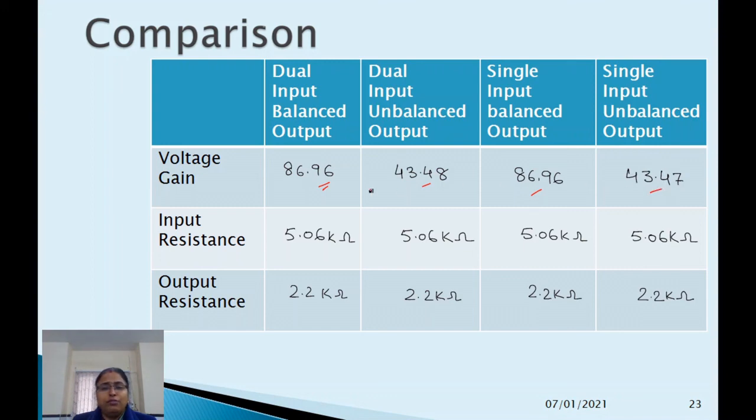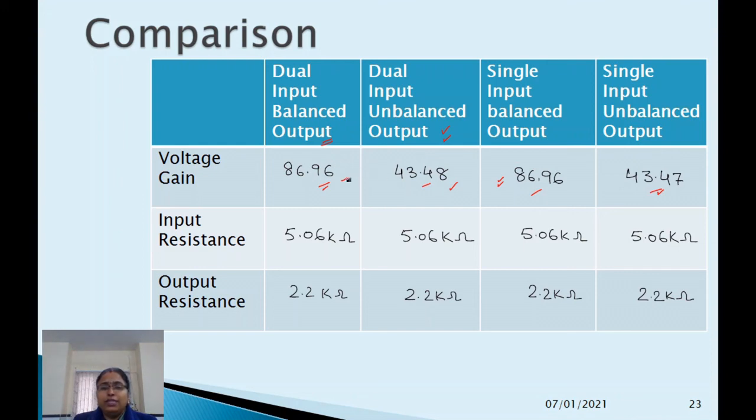So what you can make out is that in case of dual input or single input, when the output mode is balanced, the voltage gain is the same. So irrespective of the input, either dual or single, if the output is balanced, the voltage gain is equal. But in case of unbalanced output, either dual input or single input, the voltage gain is the same, 43.47 or 43.48, hardly matters.